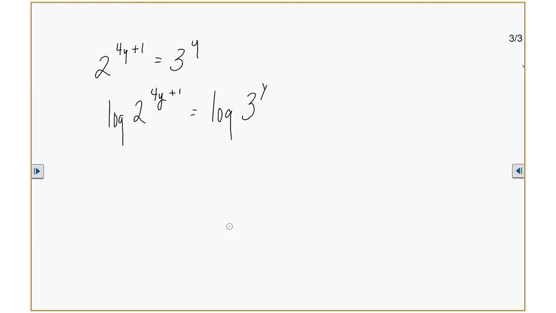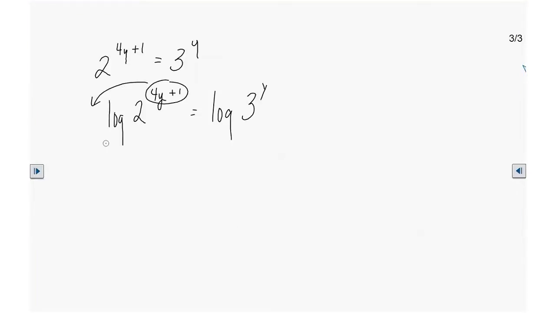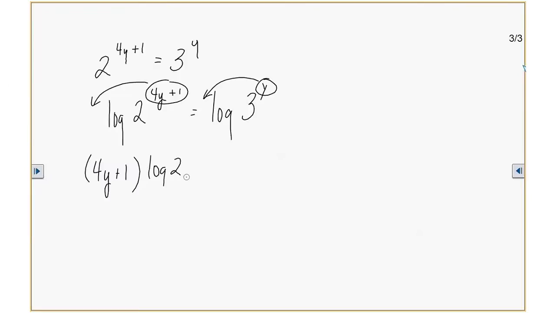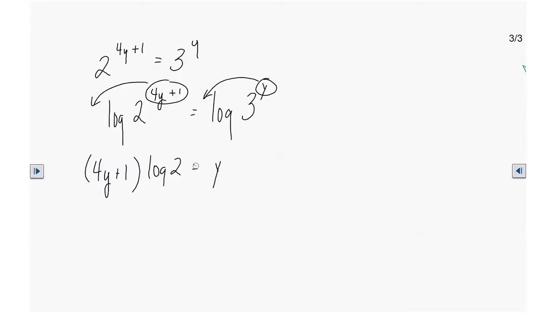What rule is that called? The power rule. Use the power rule. Bring it out front. And that gives you 4y plus 1, parentheses, LOG of 2 is equal to y times LOG of 3.